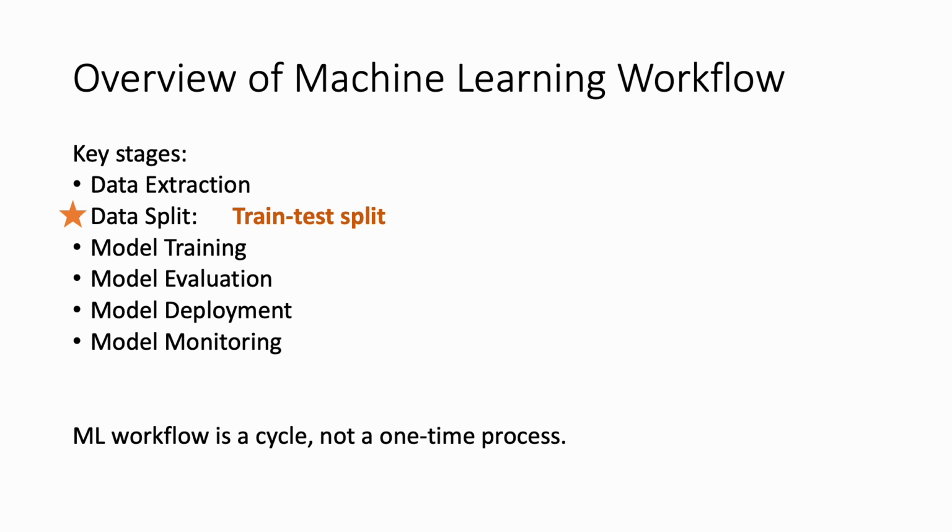Train-test split is a fundamental concept in machine learning. It involves dividing a dataset into two parts, a training set and a testing set. Train-test split helps evaluate how well a model performs on new, unseen data. The dataset is typically split into 70-80% for training and 20-30% for testing.